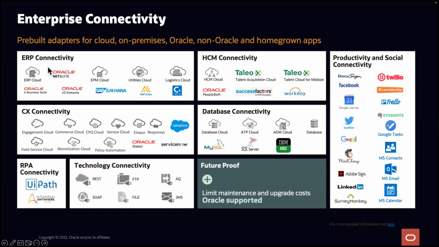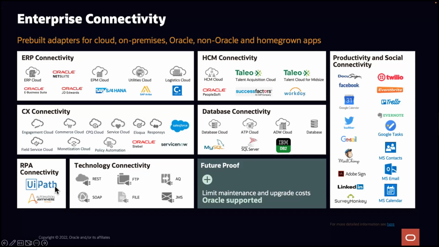In terms of adapters, we have lots and lots of them: ERP connectivity, HCM, CX, lots of productivity adapters. And as you can see, it's not only Oracle adapters, there are also non-Oracle adapters. And then if you look at these RPA adapters, these are for some of the legacy systems which do not expose endpoints like REST or SOAP.